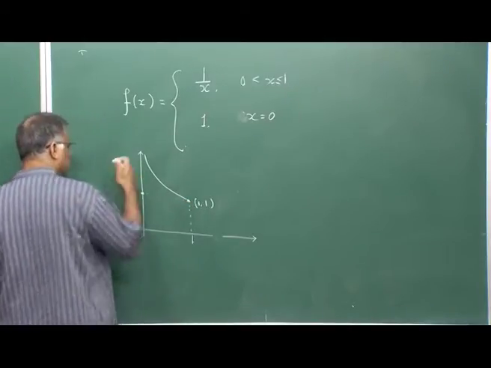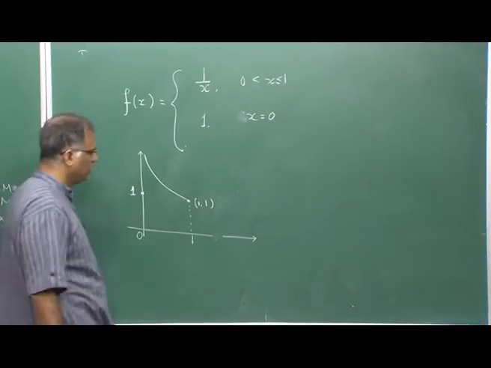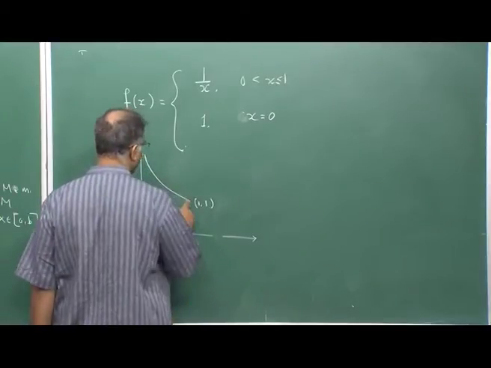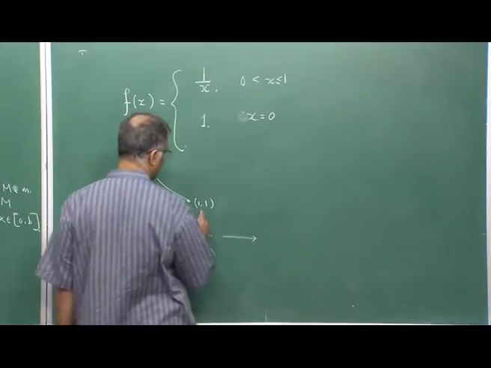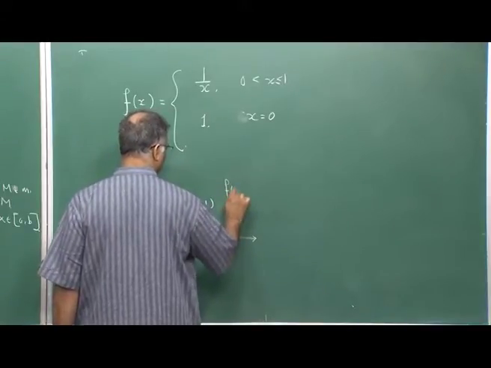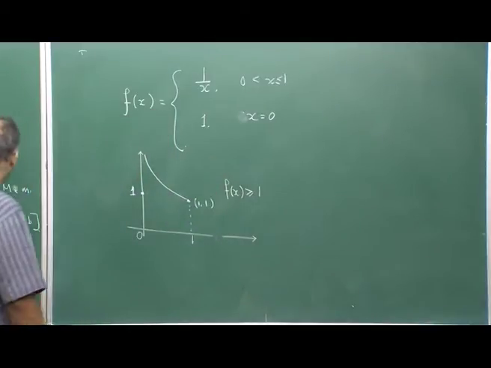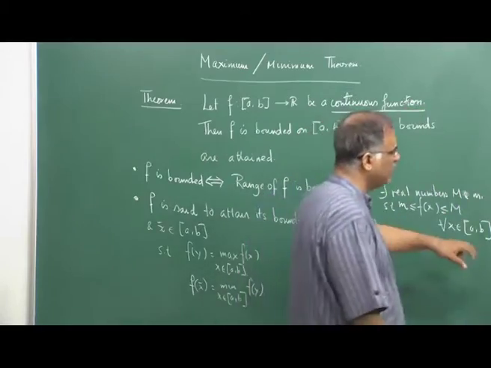So, you can understand it is a discontinuous function, but you see the function is bounded below, because for any x here f of x is bigger than or equal to 1. So, you have found your small m, but is there a large M here?